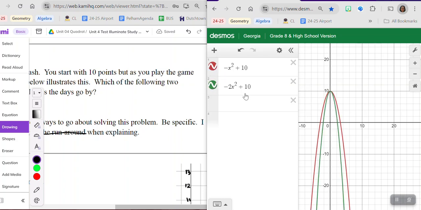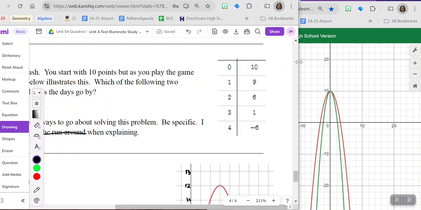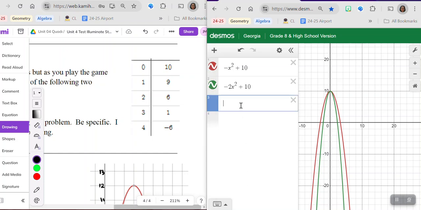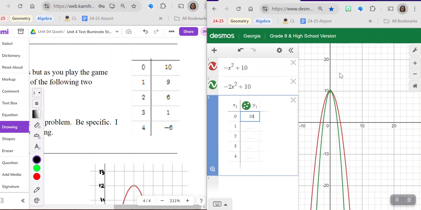Okay, and how do we know which one is modeling this? There's multiple ways of doing this. You can just type the points and see where they land, and you can also just make a table. All right, so we have 0, 1, 2, 3, 4, and the y values are 10, 9, 6, 1, and -6.